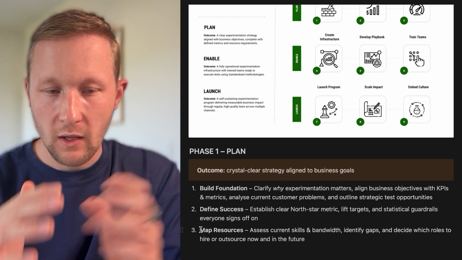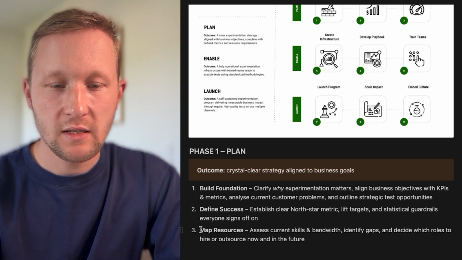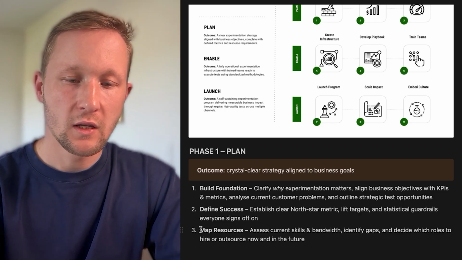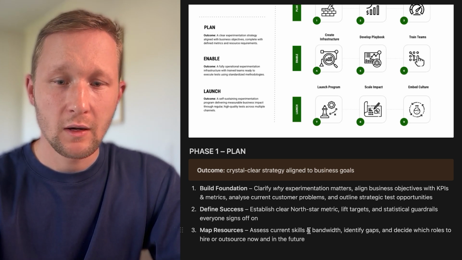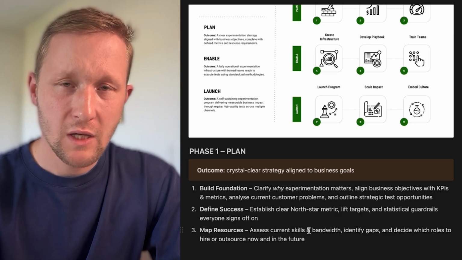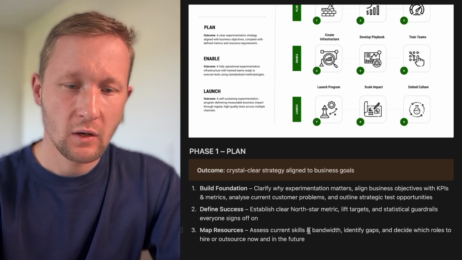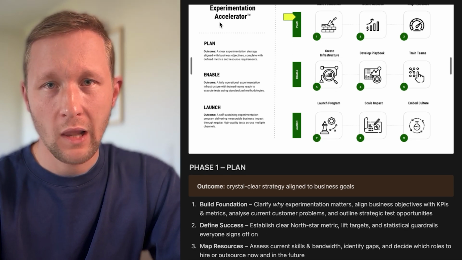In any case, for the sake of this video, mapping resources is basically assessing your current skills. This could involve you as an individual, but also the skills in your teams. Your bandwidth: if you're already busy and working overtime most days, adding experimentation, and also what I'm proposing here in this experimentation accelerator, will likely be a challenge.